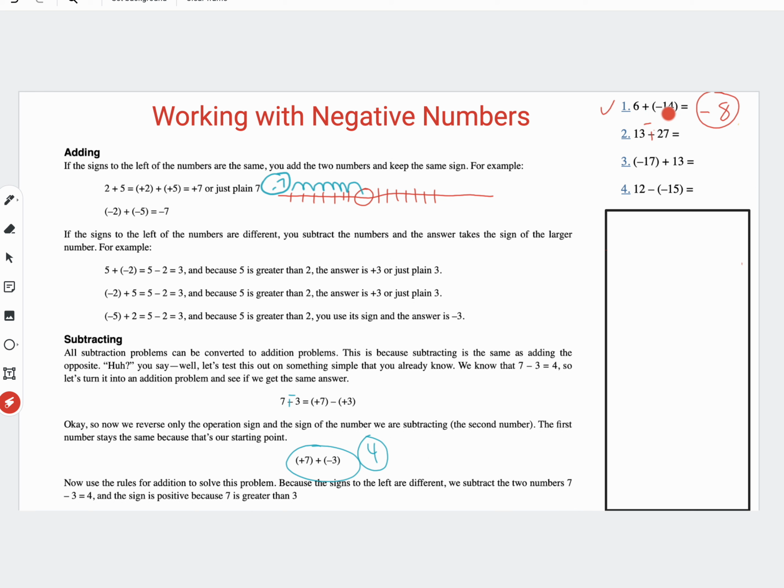Now we can take away 13 from 27. 27 minus 13 is 14. Notice that 27 is the larger number here with the negative sign next to it now. So our answer will be negative. The answer is negative 14.